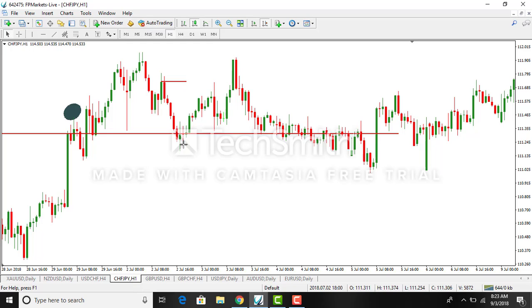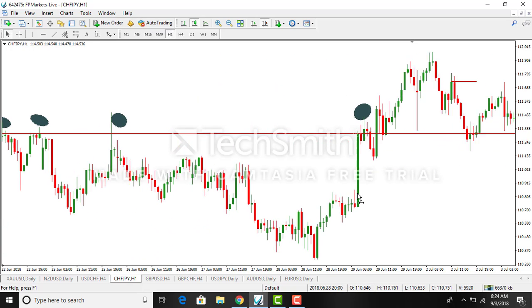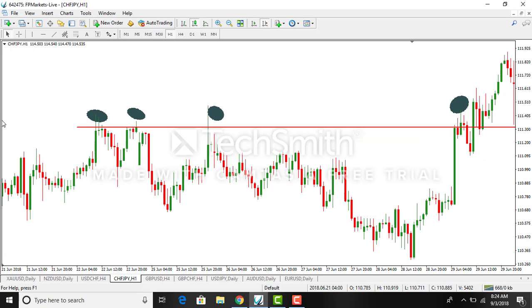So how I can capitalize on those pips before price reverses on me next time is, if you look to the left, if you scroll the screen to the left, you'll notice that I have put 1, 2, 3, 4 dark circles.